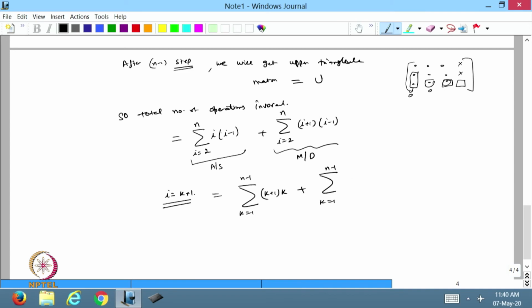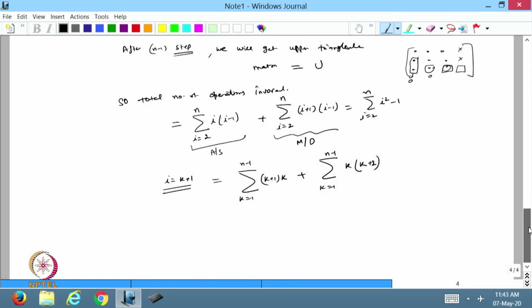Now, k minus 1 is k, and this will be k minus 1, because i minus 1 is k. So, i minus 1 is k and i plus 1 will be k plus 1 plus 1, k plus 2. So, this is k plus 2, sorry. So, k plus 2 will come.